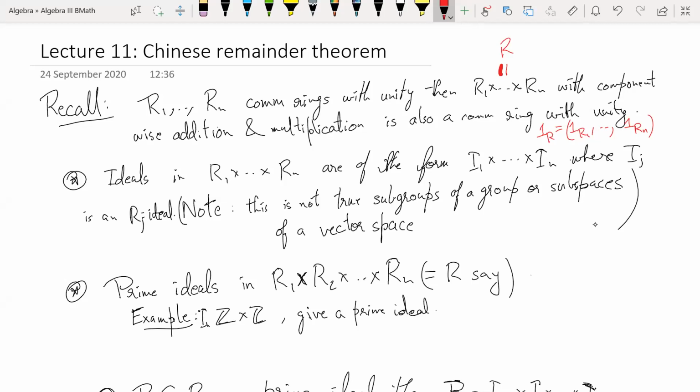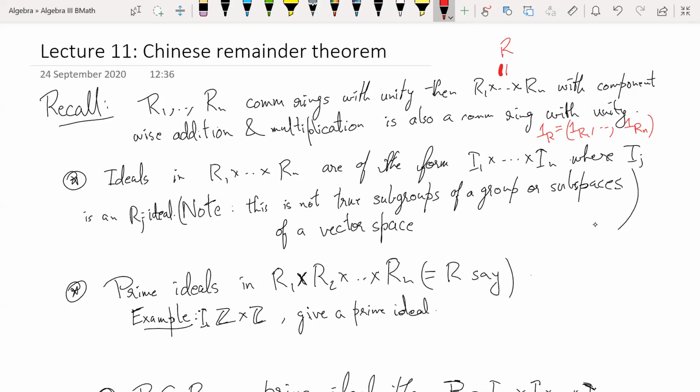So this is special for ideals. It doesn't happen for subgroups, or even for subspaces of a vector space. It's something typical of ideals in a product of rings.